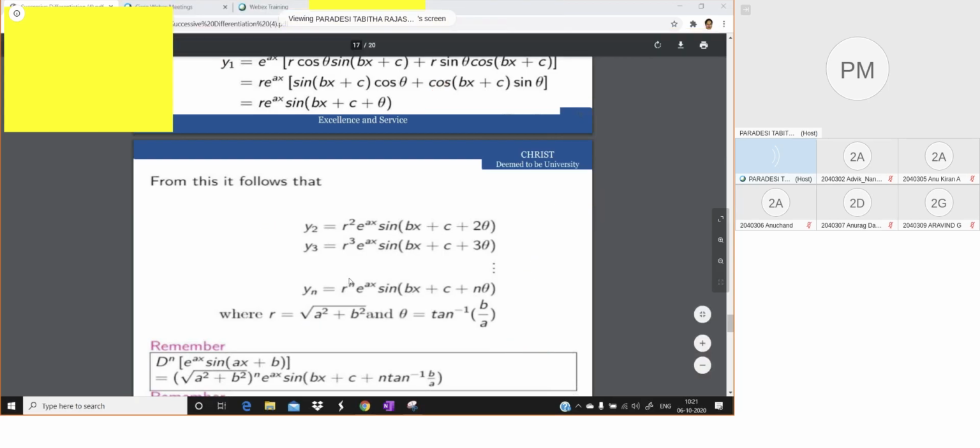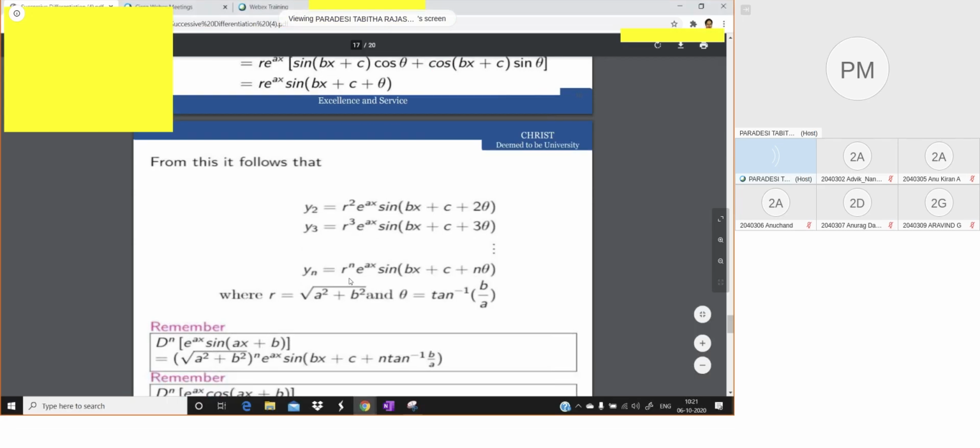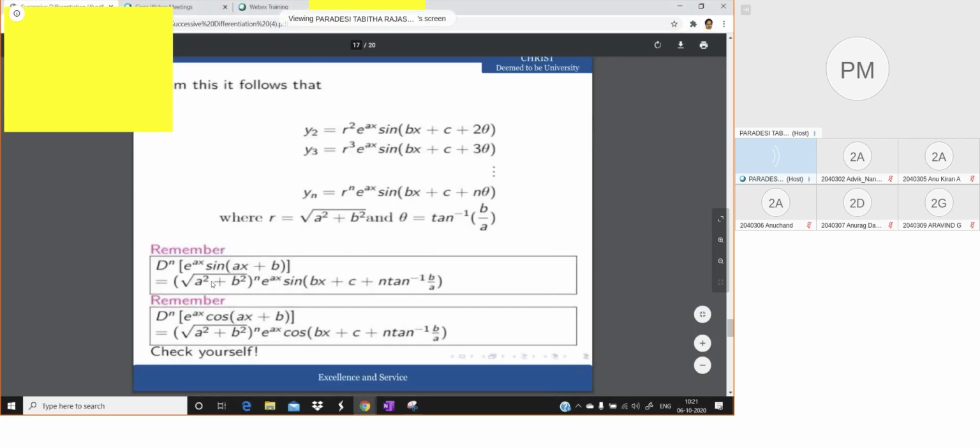So if that is the derivation of e power ax into sine bx plus c, then you check the derivation of e power ax into cos bx plus c. You will get the same formula: square root of a square plus b square, power n, and e power ax cos bx plus c plus n tan inverse b by a.